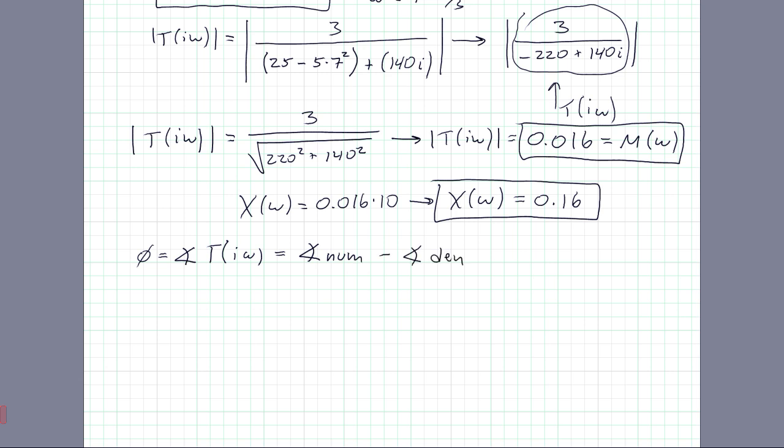There's a complex number in the numerator and a complex number in the denominator, and the angle is the inverse tangent of the imaginary part over the real part. So for the numerator, the imaginary part is 0 and the real part is 3, minus the angle of the denominator, which is inverse tan of imaginary 140 divided by negative 220.